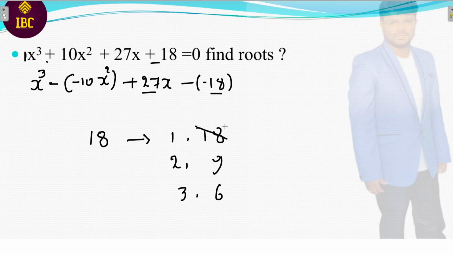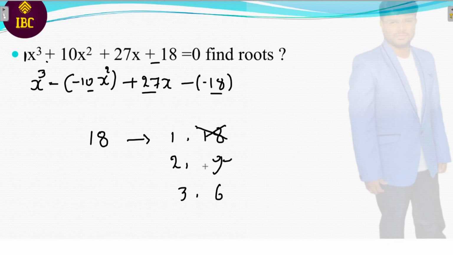Definitely 18 is not possible, because 18 ones are 18, and that is 2 roots. Any other number, if I multiply, I will get more than 18. Let's take 9. 9 twos are 18, and 9 2 1 may be possible. But if I add, it should be 10. If I add 9 plus 2, it is 11, then minus, yes, it is also possible.